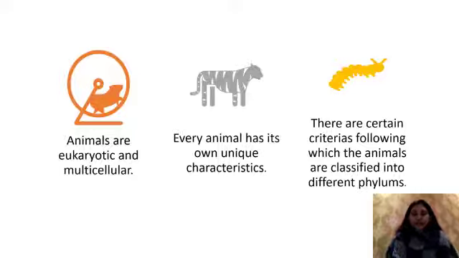That means that when we are classifying the organisms under the animal kingdom into different phyla, we consider certain criteria depending on which the classification is done. So we will first see those criteria and then get into the classification.